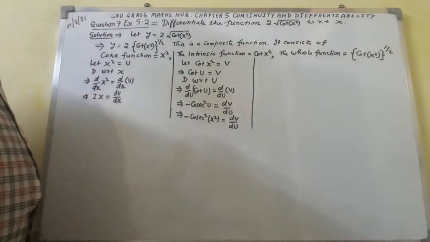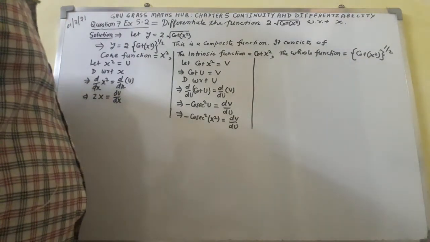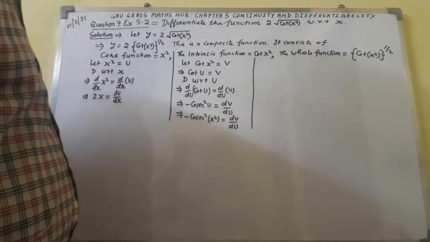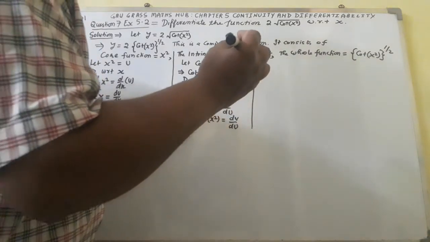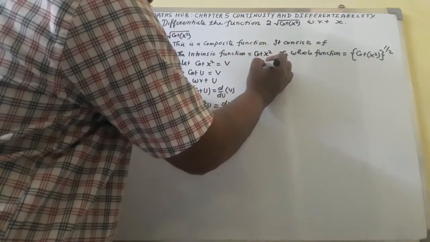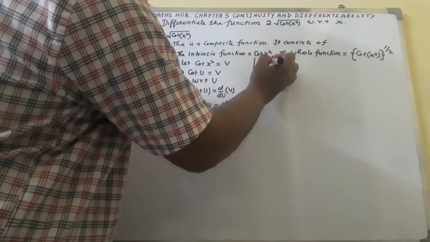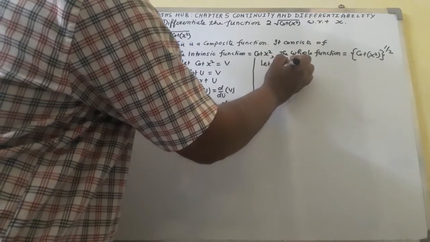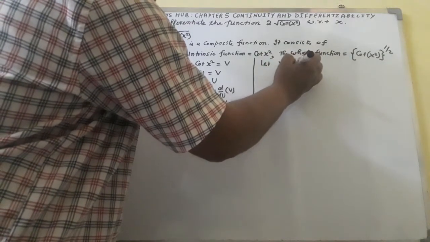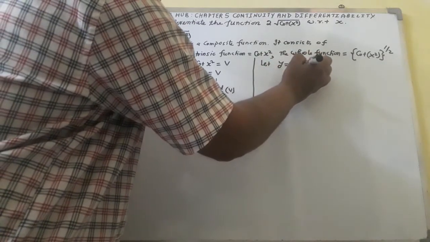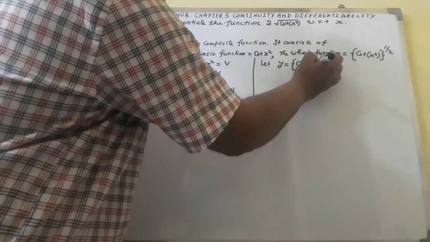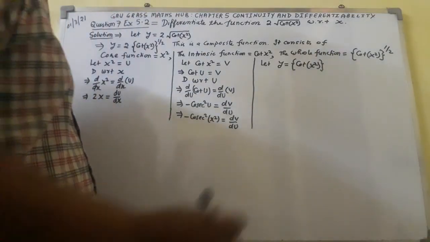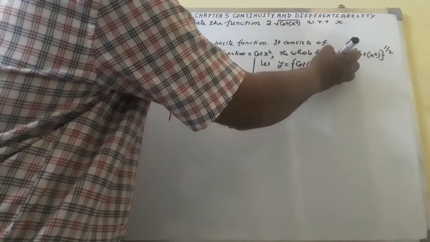Now I shall take the whole function. So here I shall write, let y equal to curly bracket cot x square whole raised to the power 1 over 2.